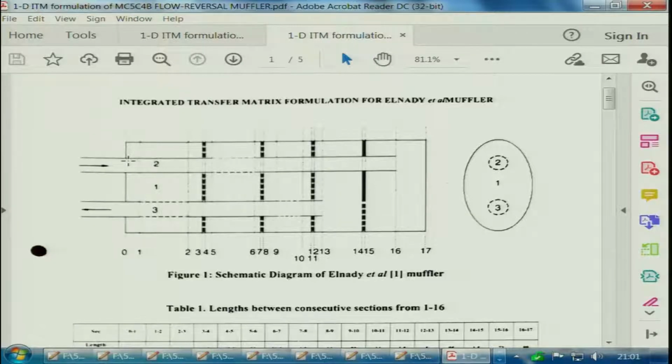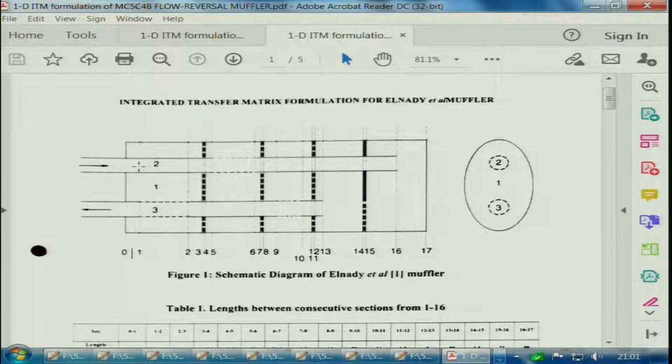Coming back, this is the inlet and this is the outlet. What the ITM does is divide the entire muffler into a number of cross sections. So, 0 means you start from here and then go up to section 1; it relates things from 0 to 1. It divides this entire thing into 3 parts, where the tubular element is here and the annular cavity.